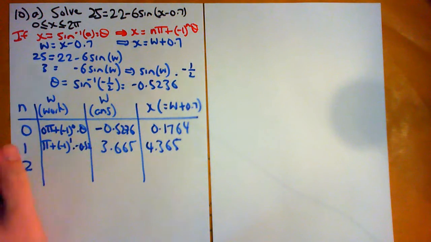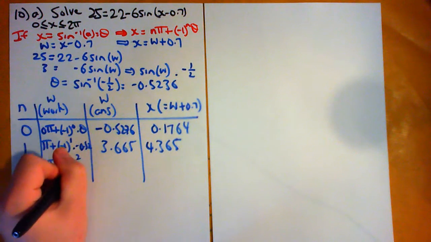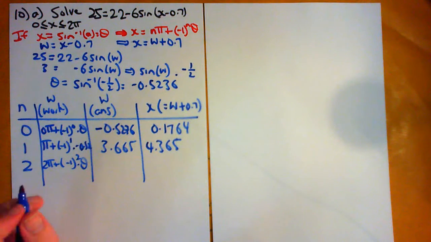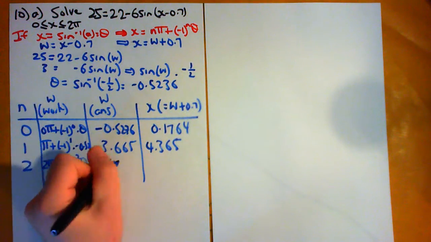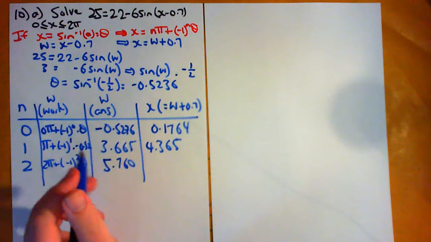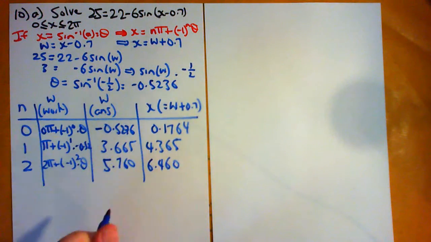And n equals 2, so we've got 2 pi plus minus 1 to the squared times theta. Again, theta is negative 0.5236, and that gives us 5.760. And if we add 0.7 to that, as per our rearrangement, we get 6.460.